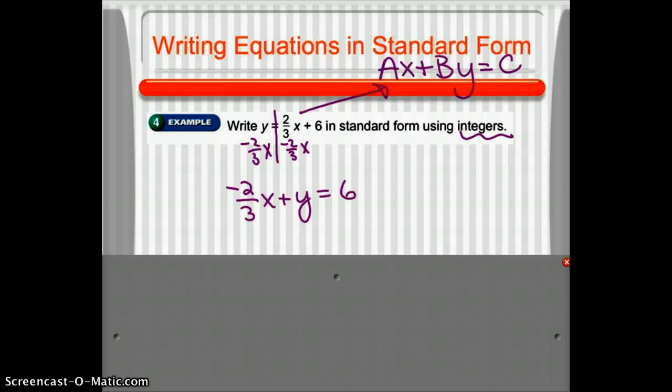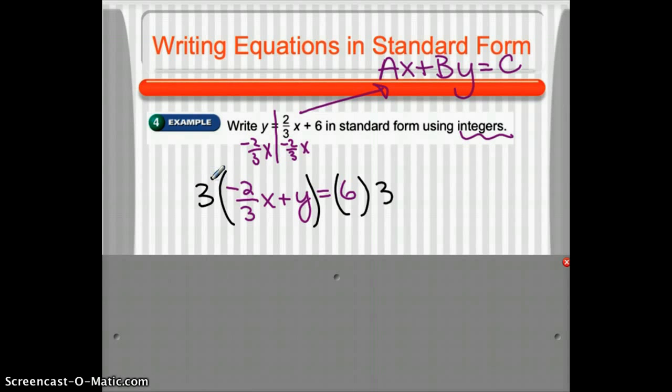It's in fraction form. It's not a whole number. So I need to get rid of that fraction. My personal technique that I like to do is just multiply both sides by the common denominator, because that will get rid of all my fractions. So I would choose to multiply both sides of this equation by 3. Okay, multiplicative property of equality, that's okay to use.